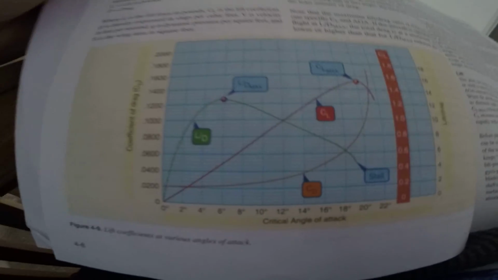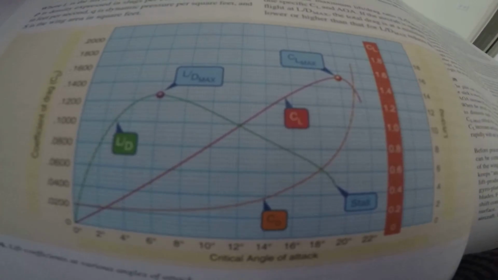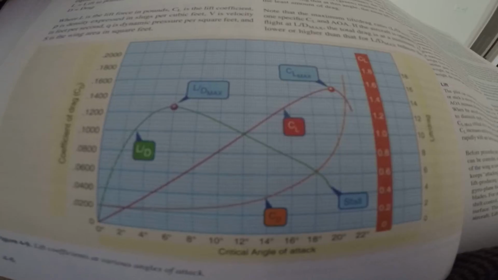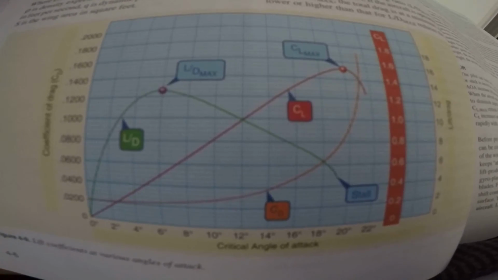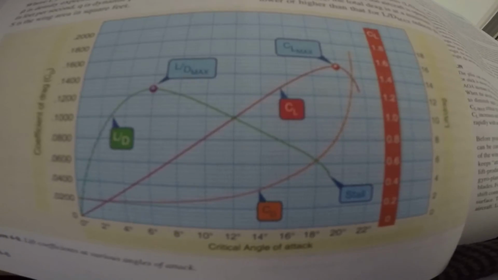The drag curve, yellow, increases very rapidly from 14 degrees angle of attack and completely overcomes the lift curve at 21 degrees angle of attack.